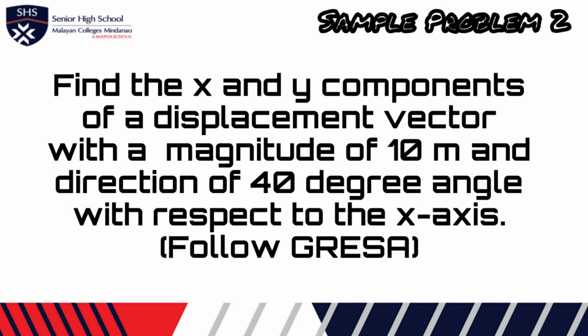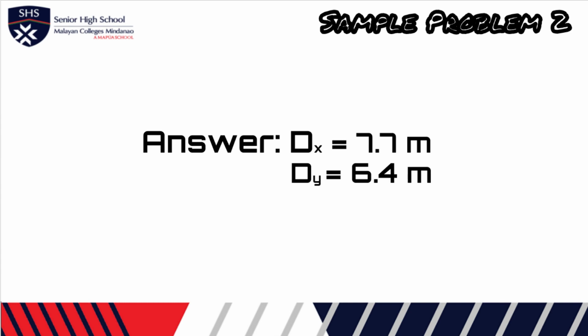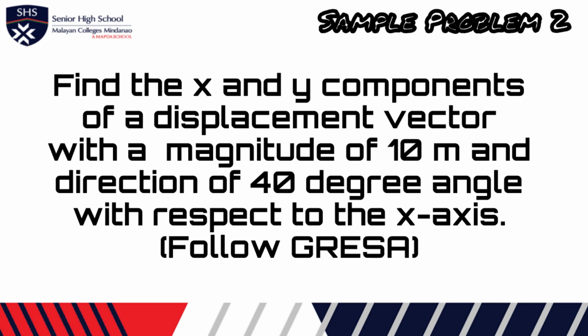Now I'm giving you the answer for this problem. I'll be going back to the previous slide so that you may take a screenshot of this one. At home, please try to answer this one. You already have the A of GRESA, which is the final answer. You just need to write the G, R, E, and S, which are the given, required, the equation, and the solution.